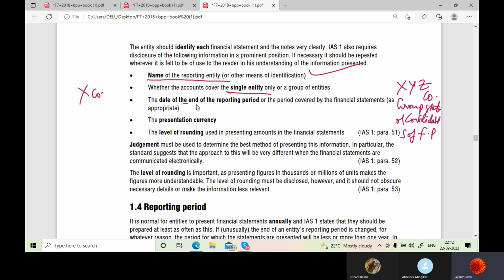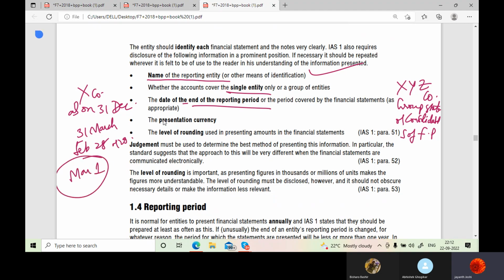Then the date of the end of the reporting period, as on 31st December if it's the end of the year, or 31st March. In the UK, Feb 28th is the last day, or 29th, correct? And then March 1st the financial year starts in the UK.